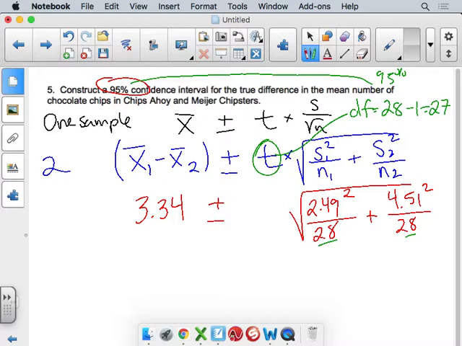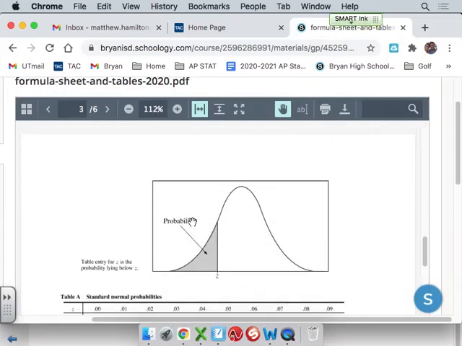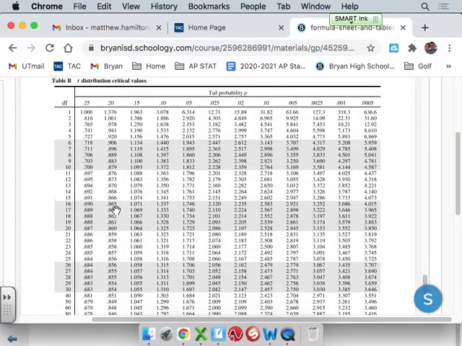On the back side, on the next problem, we're going to do what happens if our sample sizes are different. But in this case, our sample size was 28, so we do 28 minus 1. So I'm going to look up on our table, degrees of freedom 27. So I'm going to go all the way to the T table.